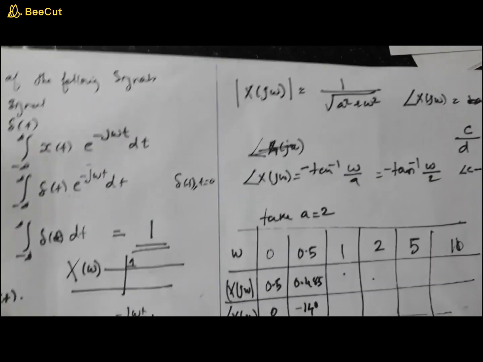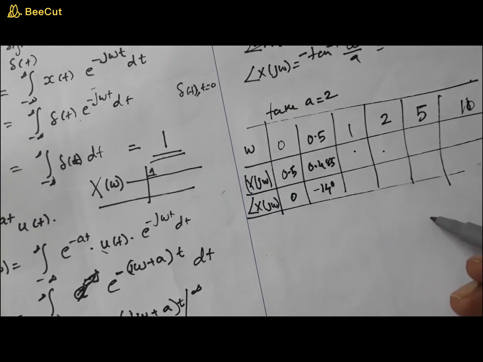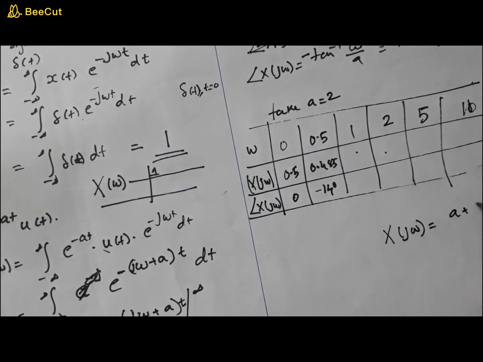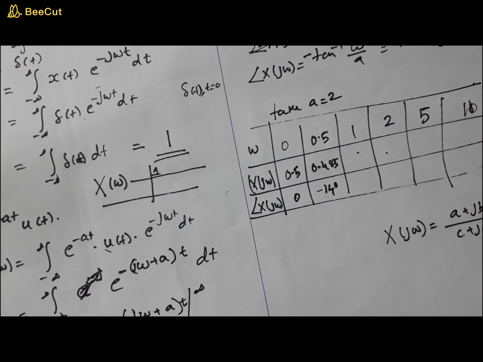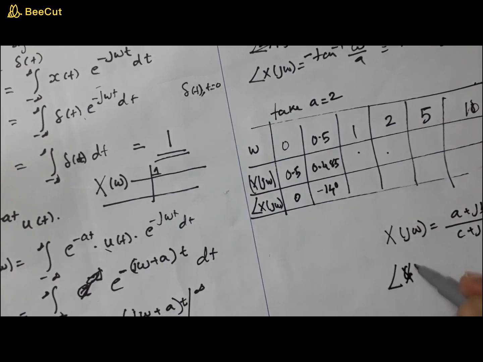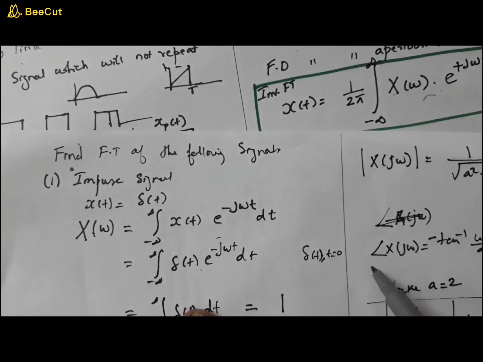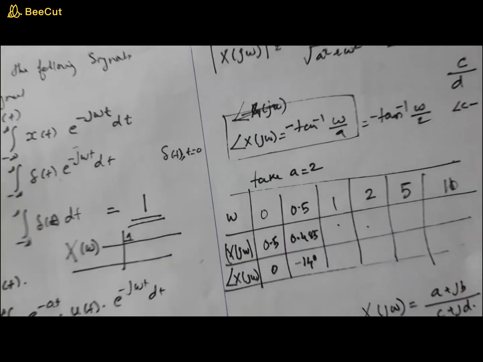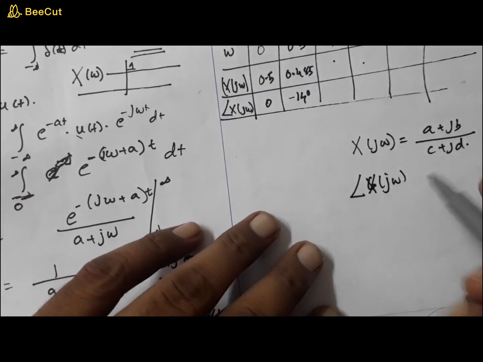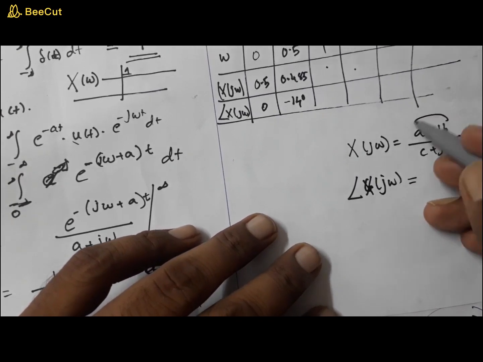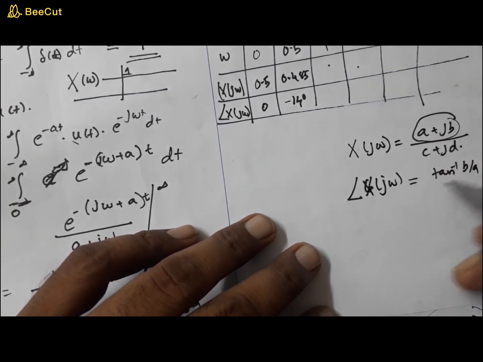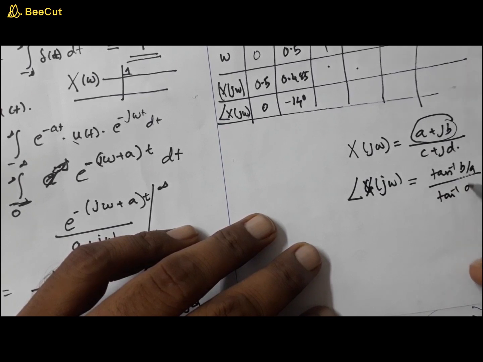Now I will explain once again how to find the phase of this. Just listen please. Suppose X of j omega is of the form a plus jb divided by c plus jd, how do you find angle X of j omega? I'm telling you how this expression is obtained. The numerator phase is tan inverse b by a, and the denominator phase is tan inverse d by c.